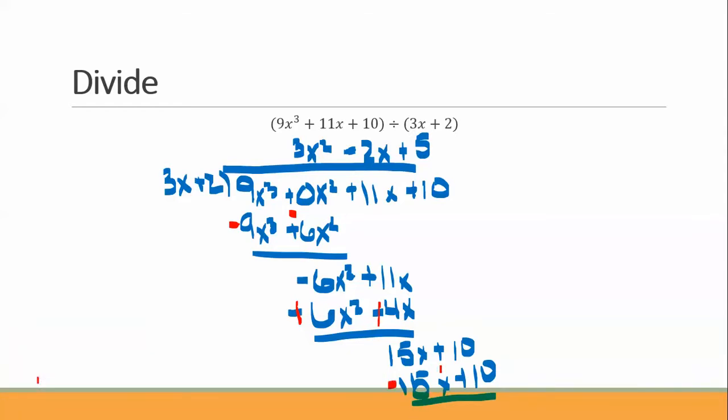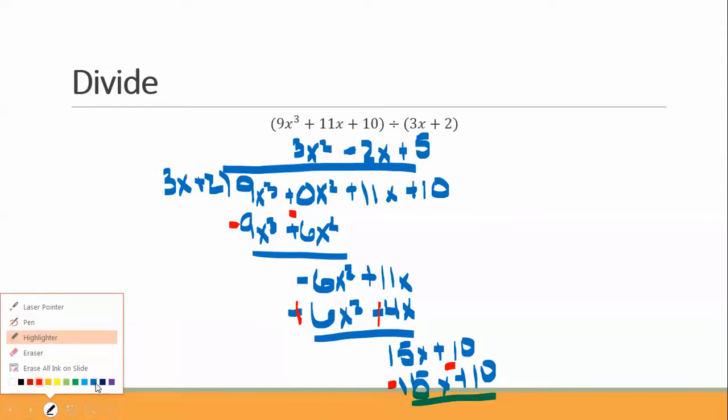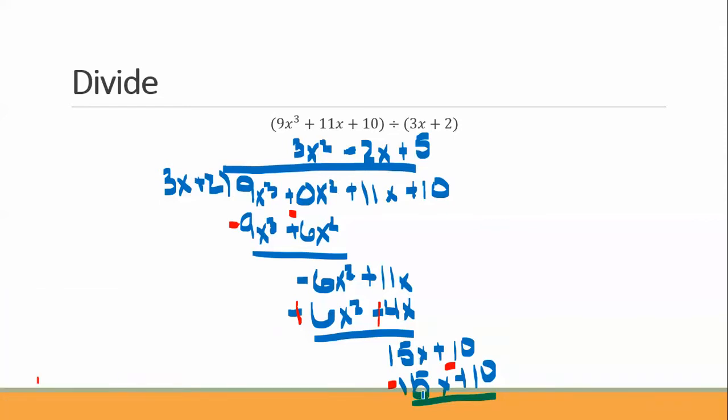So we change our signs. And 15x minus 15x is 0. 10 minus 10 is 0. So this one has no remainder. It divides evenly. So this is equal to 3x squared minus 2x plus 5.